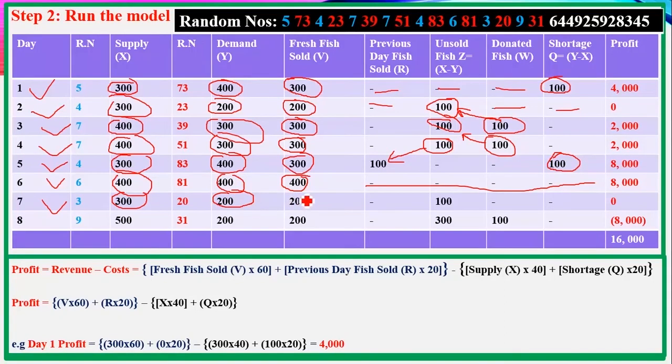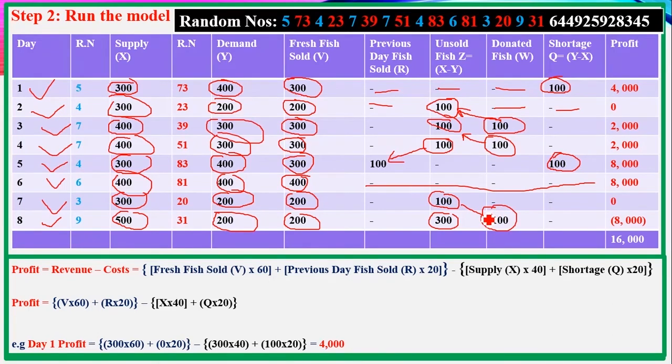So we are going to supply the 200 that is being demanded and we are going to remain with 100 unsold, right? Then on 8th, we have 500 supply, 200 demand. So we are going to sell the 200 that is being demanded. Then we are going to remain with 300. Then the 100 for the previous day will not be sold because we still have more fish remaining. So we are going to donate this on this particular day.